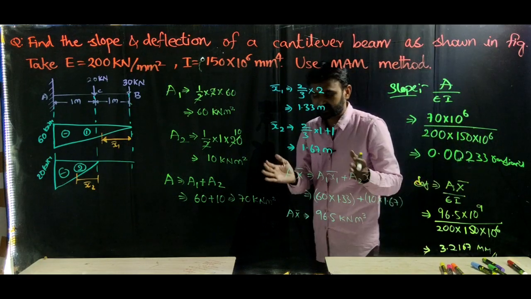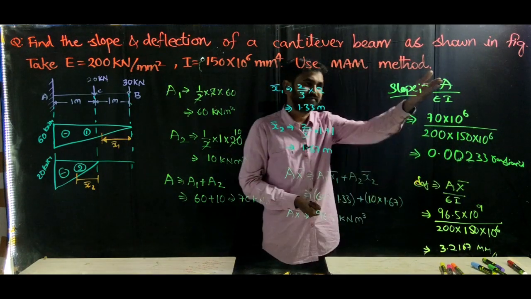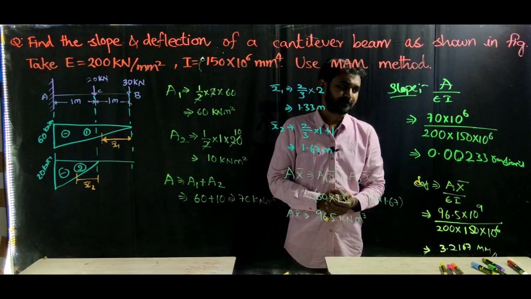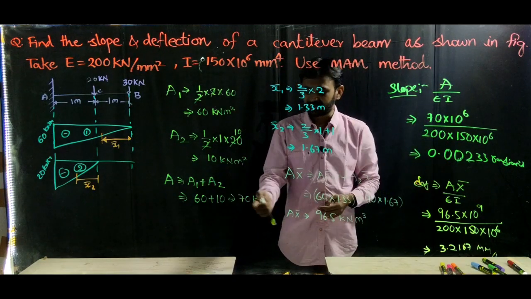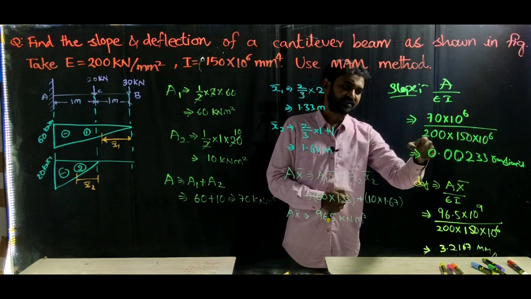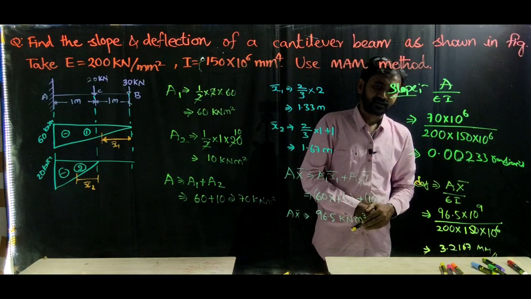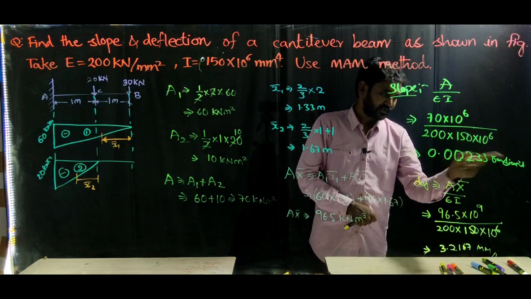You got everything over here, and then you simply went to the formula for slope and deflection. What will be the formula of slope? A by EI. I am converting kilonewton meter square into kilonewton mm square, so 70 into 10 to the power of 6 divided by 200 into 150, the values which are given, and you got the radians.